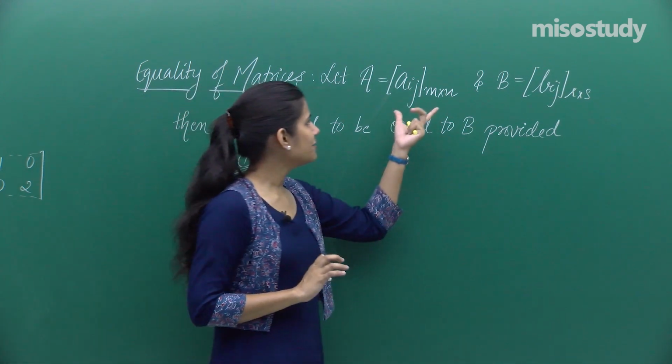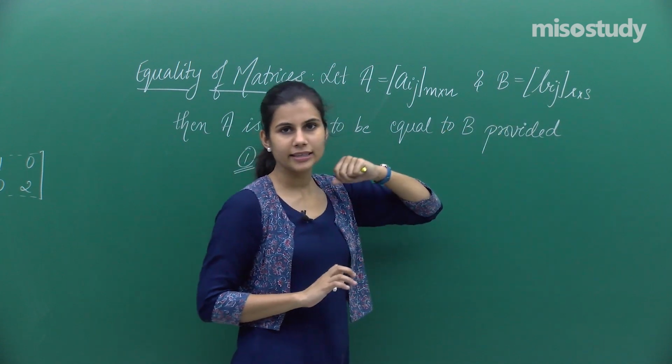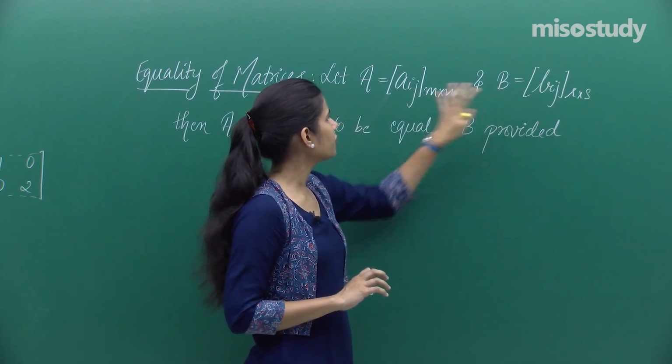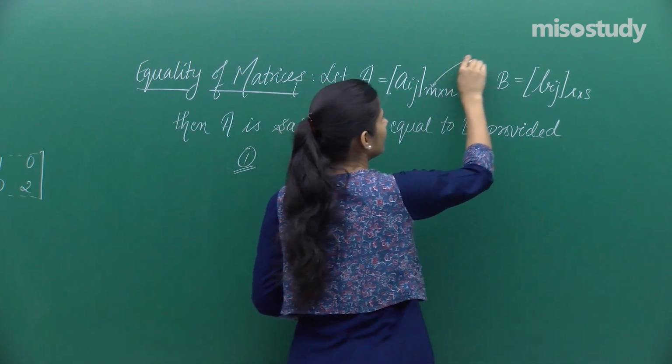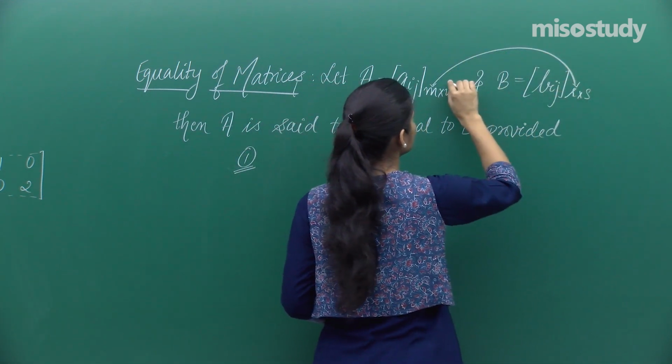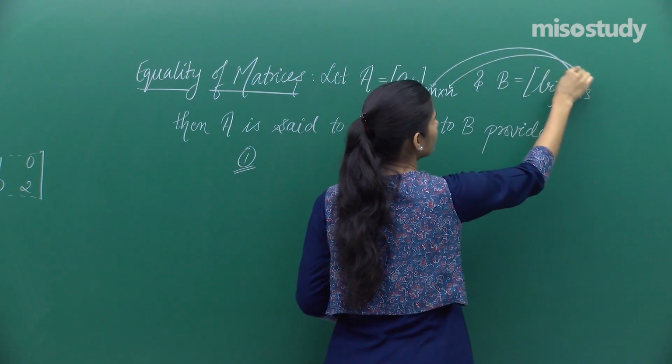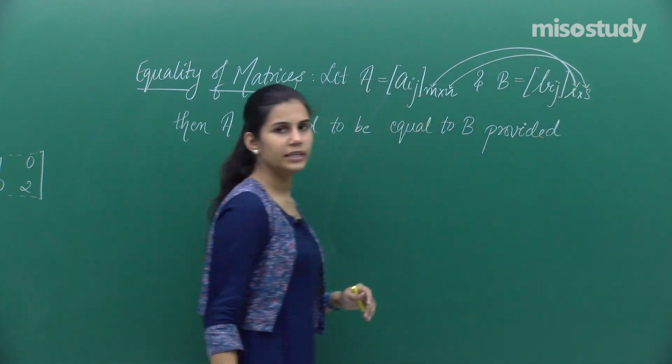So, here when I am saying that length and breadth should be exactly the same, length of A should be equal to length of B, breadth of A should be equal to breadth of B, what I am trying to say is that the number of rows should be equal and the number of columns should also be equal.